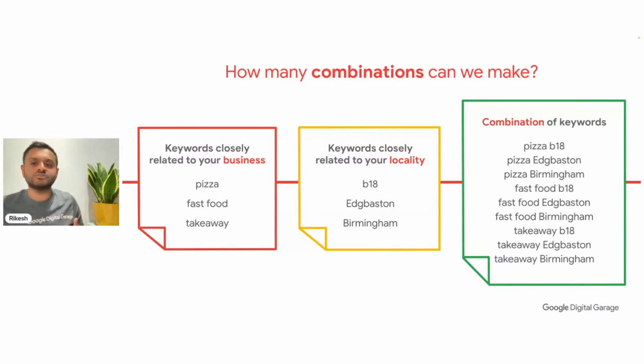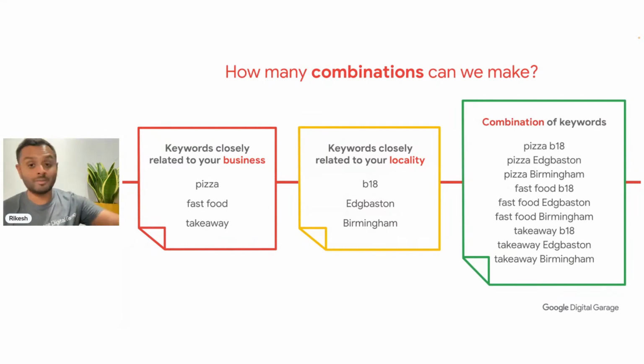So we can maybe make ourselves stand out from the crowd. Paulie could be like, right, I want to make sure that an advert for Paulie's Pizzeria shows up when somebody types in pizza Edgbaston, because I am a pizzeria and I'm based in Edgbaston as well. So people can find us because they're being more specific in their search query.